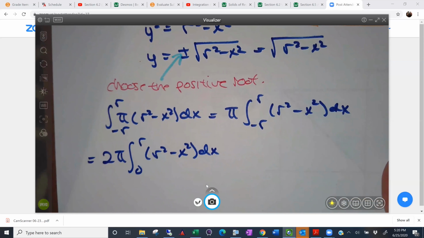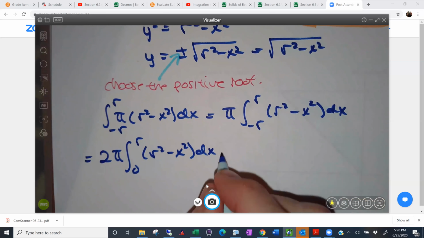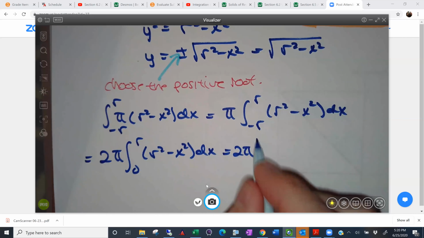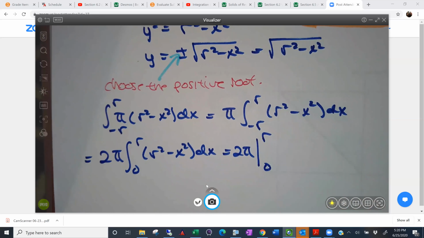Now, there's going to be a part of this that you're not really going to like, and it's the first part. What am I integrating with respect to? X. So as far as integrating is concerned, r has nothing to do with x, right? R is just a constant.